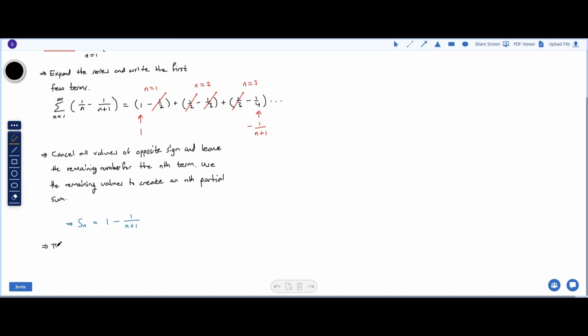Okay, so let's say this example is called a telescoping series.